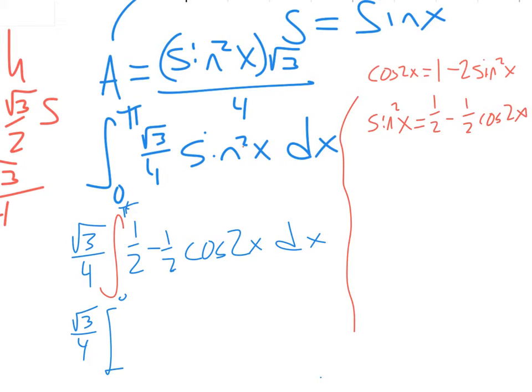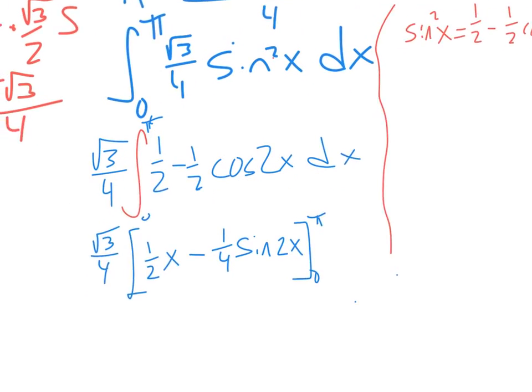You integrate 1/2, you get 1/2 x. And we integrate this second part here. We'll need to do a little u substitution, and that's going to give us 1/4. You might want to work that out on paper. The integral of cosine is sine, so this will be sine 2x. We used a u substitution there. All right.